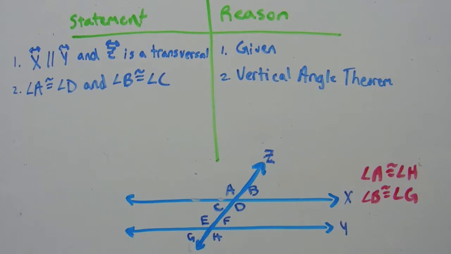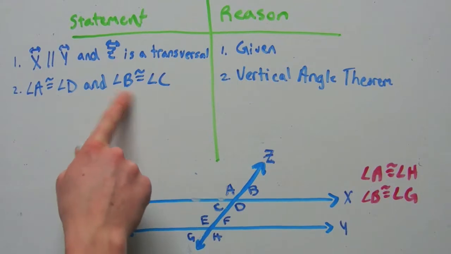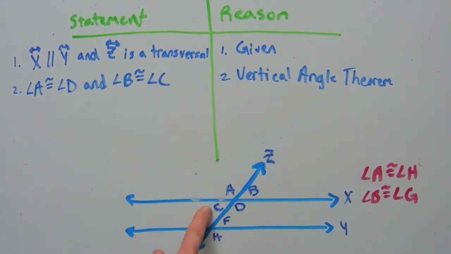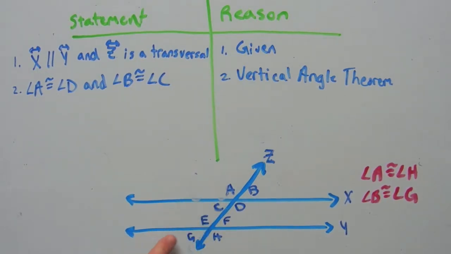So in proving this, it's all about using the angles and manipulating them until you get the desired result. So we need to get that angle A is congruent to angle H, and angle B is congruent to angle G. We started off by saying angle A is congruent to angle D, and angle B is congruent to angle C. So we need to find how we're going to relate angle A to H. And we know that angle D can be related to angle H because they're corresponding angles.